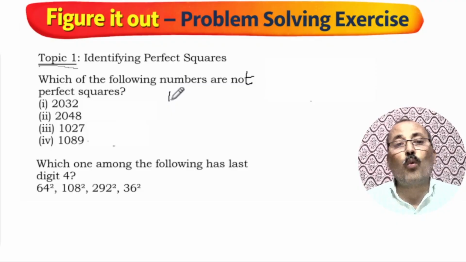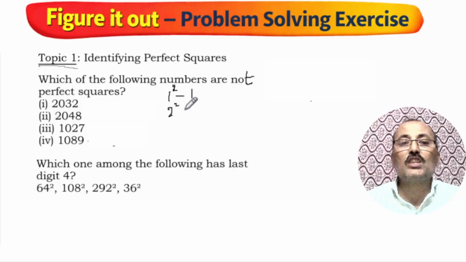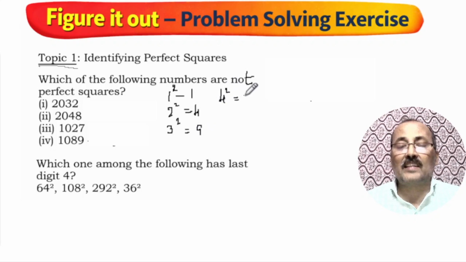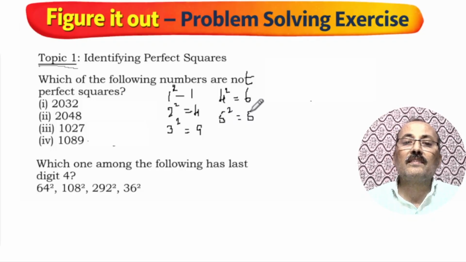1 square ends with 1, 2 square ends with 4, 3 square ends with 9, 4 square is 16, 5 square ends with 5, 6 square ends with 6 again, 7 square ends with 9, 8 square is 64, ends with 4, 9 square ends with 1, 10 square ends with 0.